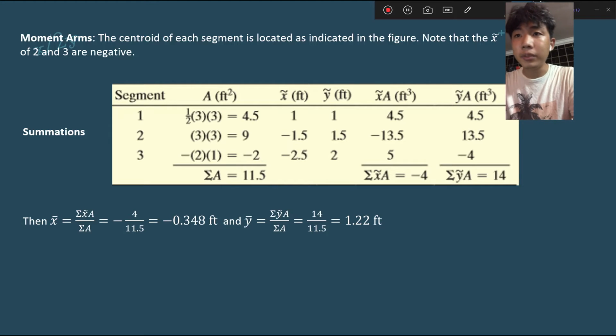And for the summation, we should write segments 1, 2, and 3, and this should include the area, x tilde, y tilde, and the area times x tilde and the other one. And for that, we can find the whole thing, and with the summation of it, x bar is equal to negative 0.48, and y bar is equal to 1.22 feet.